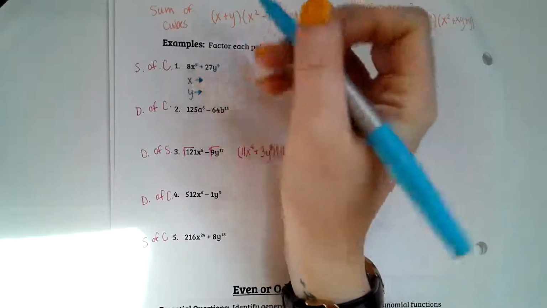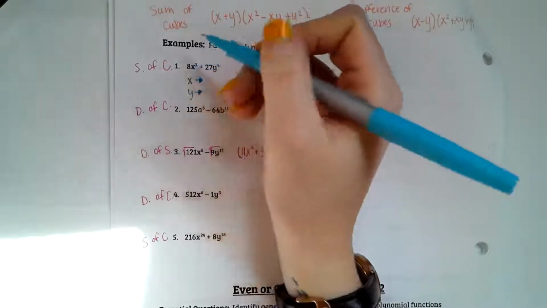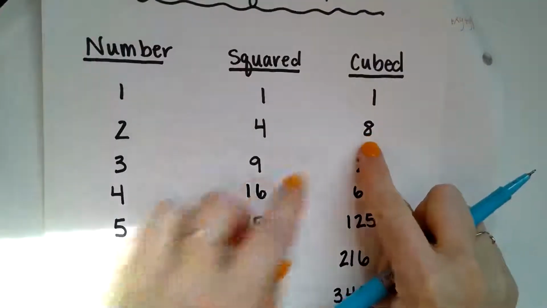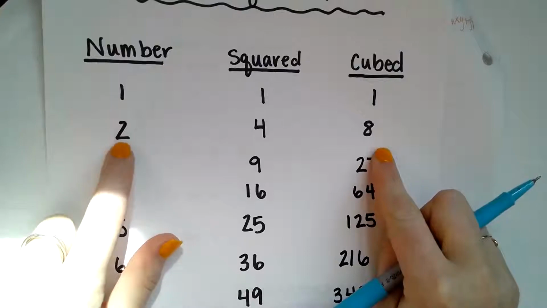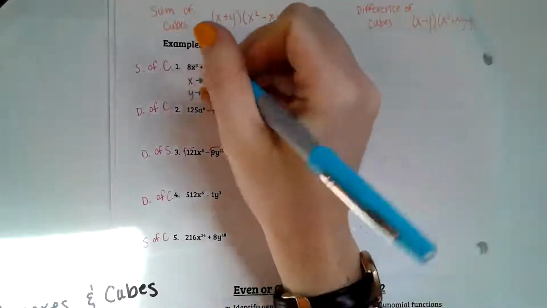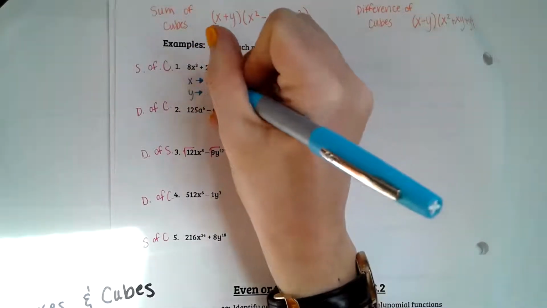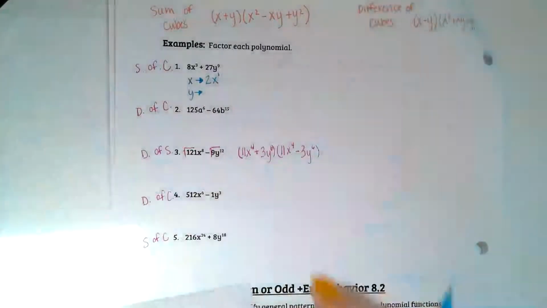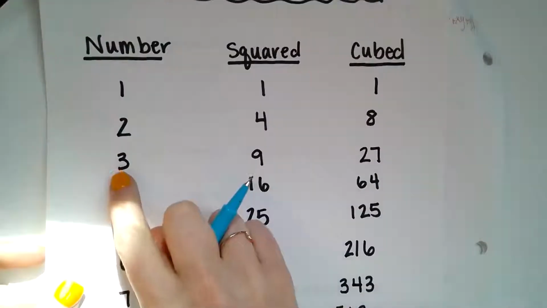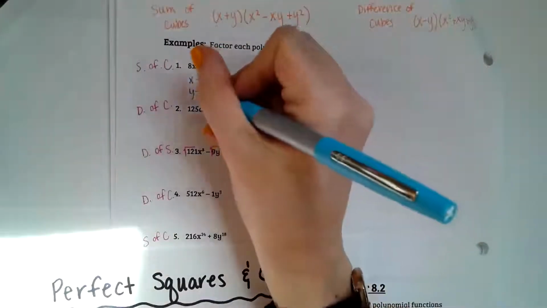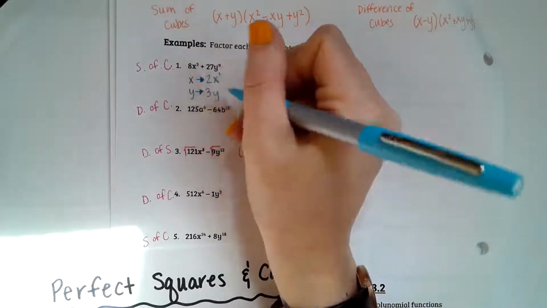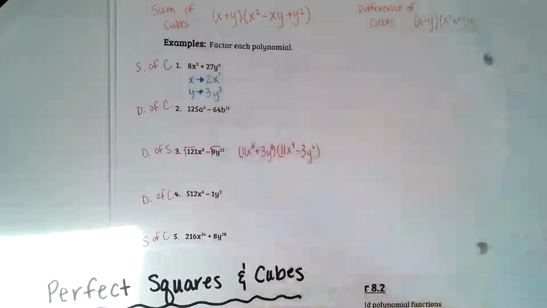So the cube root of 8, if I'm looking at this chart, is 2. And then you divide your exponent by 3, so 3 divided by 3 is going to be 1. Then 27 is 3 cubed, so 3y, and then divide your 9 by 3, which is 3.